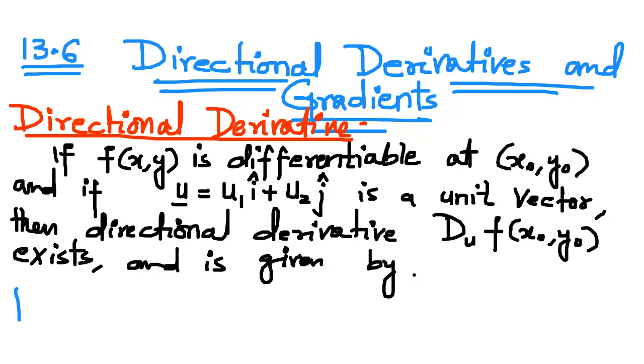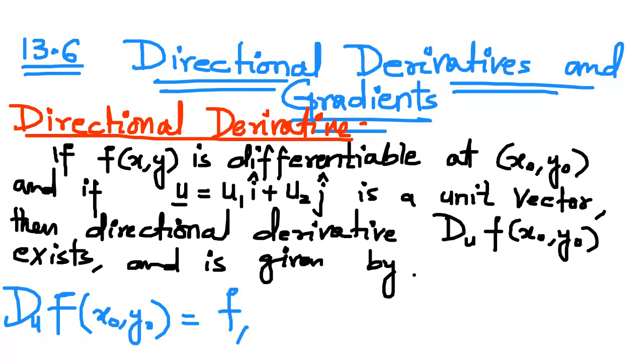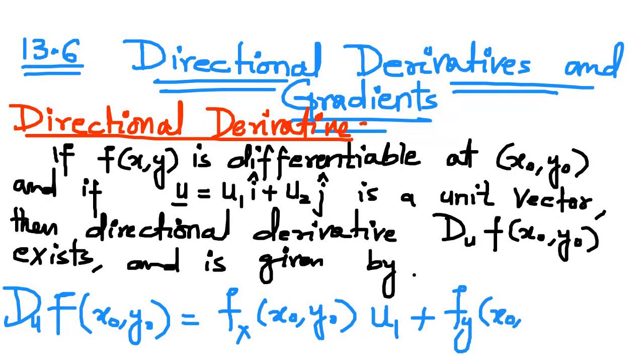this form. Du represents the directional derivative of the function at point x naught y naught, which is equal to the partial derivative of the function with respect to x at point x naught y naught, multiplied by the first component of the unit vector u1, plus the partial derivative of the function with respect to y at point x naught y naught, multiplied by the second component of the unit vector.